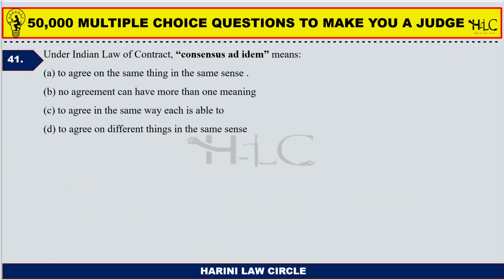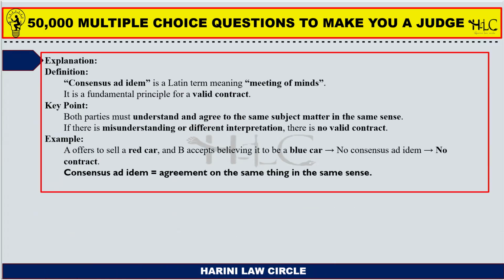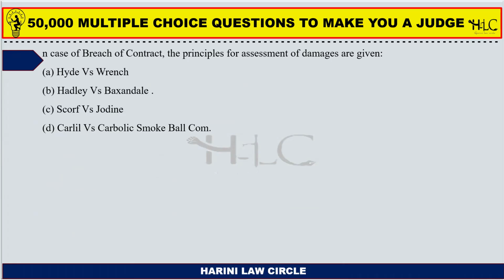Moving ahead, 41. Under the Indian law of contract, consensus ad idem means, we already saw what is consensus ad idem. Meeting of minds, right? So our correct answer is to agree on the same thing in the same sense. So option A is the correct answer. Next question. So the question is slightly wrong.